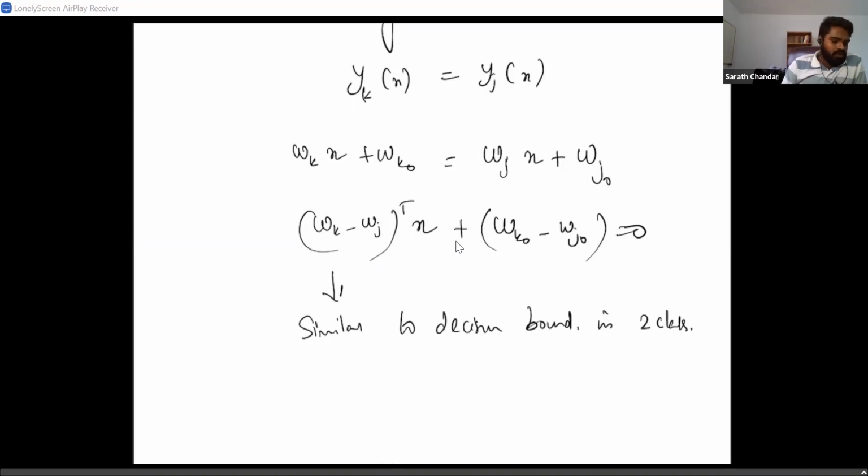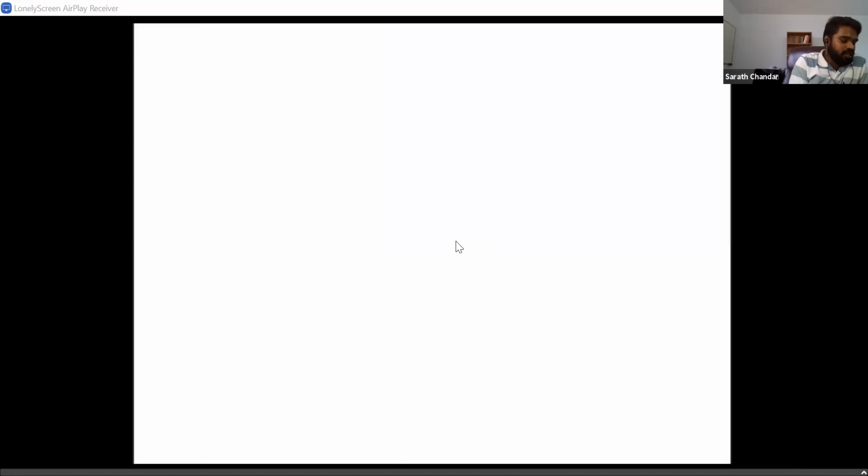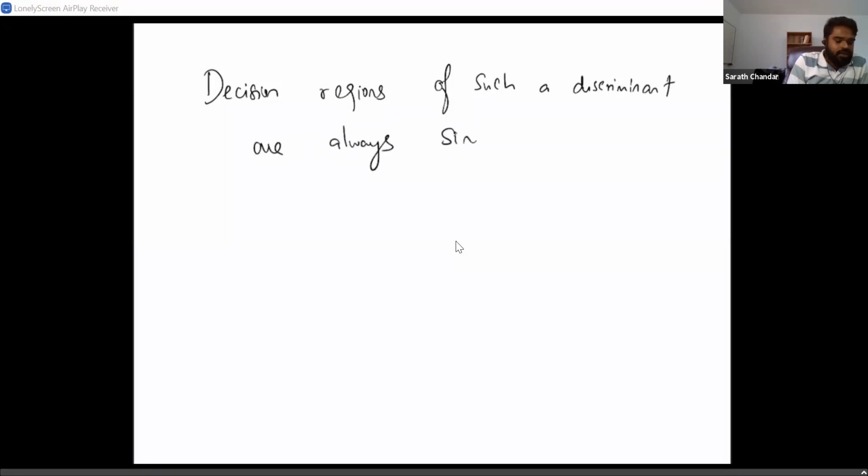This is better than the previous two approaches, simply because the decision regions of such a discriminant are always singly connected and convex.